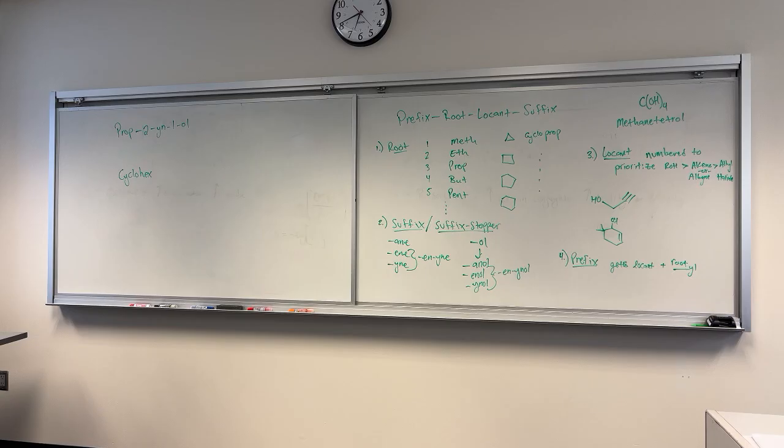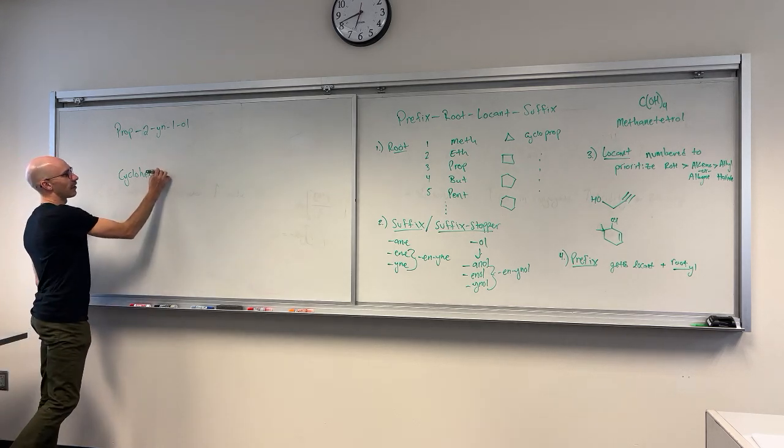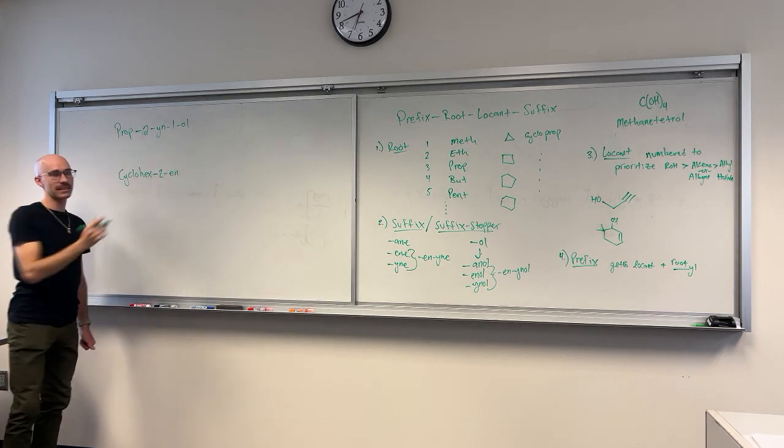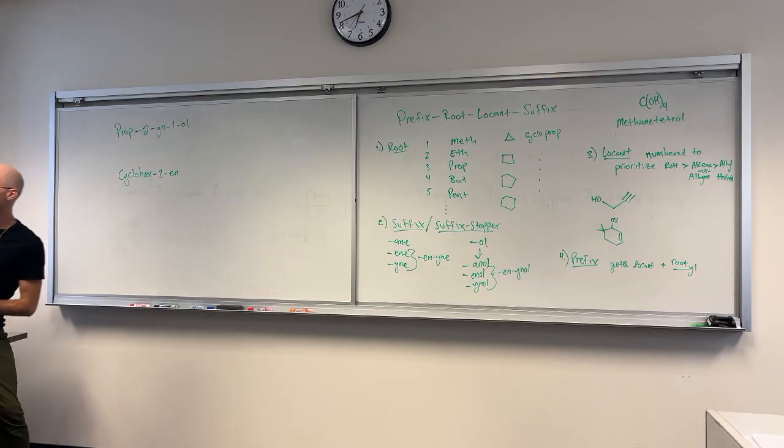And Jacob, can you give me locants for ene and locants for ol? 2 for ene, 1 for ol. Right, keep doing that. Now, is it necessary to state the position of the alcohol in this compound? No, not for knowing. Maybe for IUPAC.